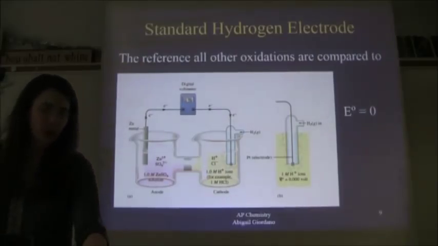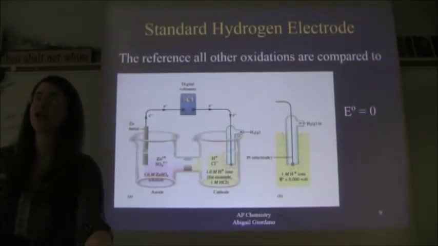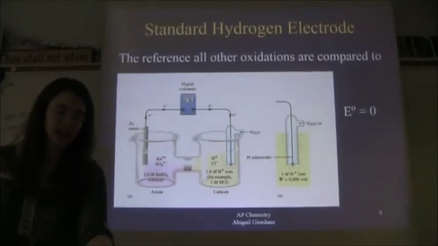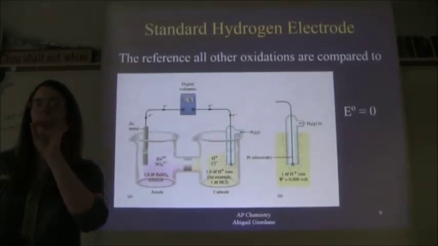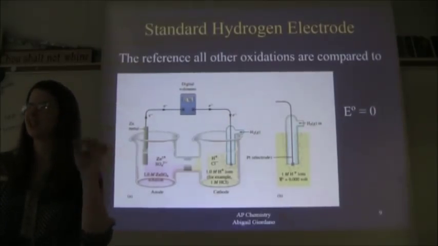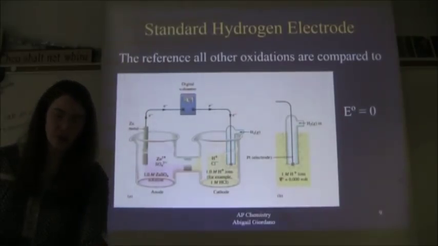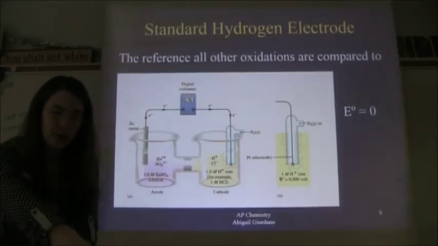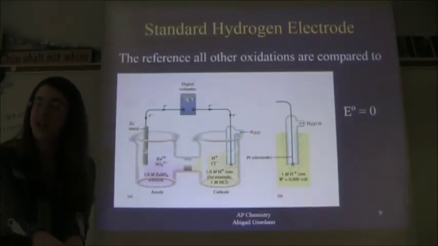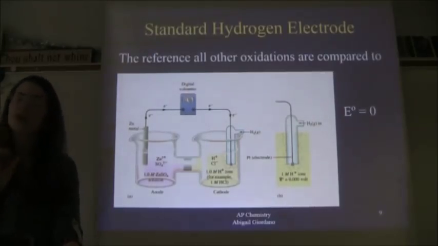Okay. You have the potentials going down the left-hand side. It says E and then a little subscript RED. That just stands for reduction. You'll notice the chart is organized in descending order. It's got the most positive reduction potential at the top, and then it goes down to the ones that are negative.